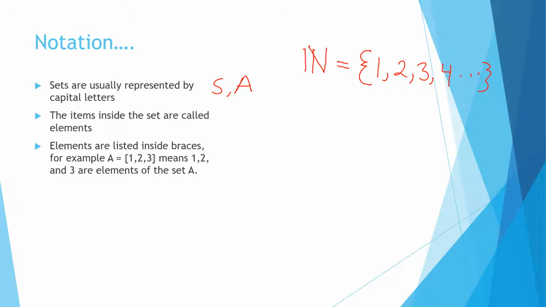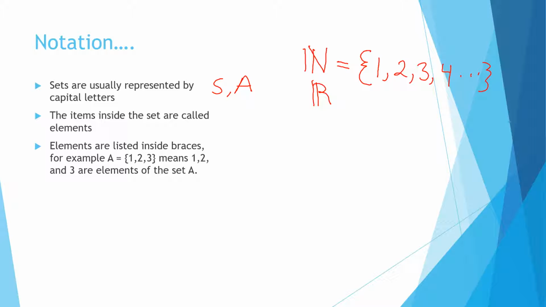You've also heard of the real numbers. The real numbers will be all the decimals, all the rational numbers, irrational numbers, that kind of thing. And we have Q for the rational numbers and I for integers and all these different things. So elements will be listed inside these braces like what I've done for the natural numbers. And this simply means 1, 2, and 3 are elements of this set.